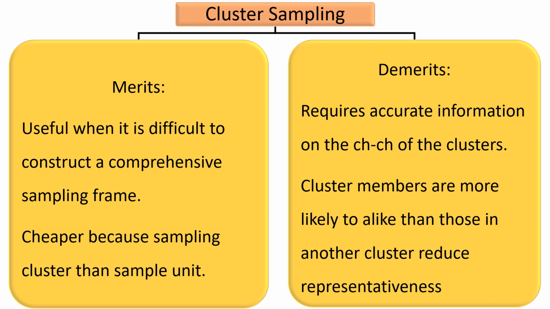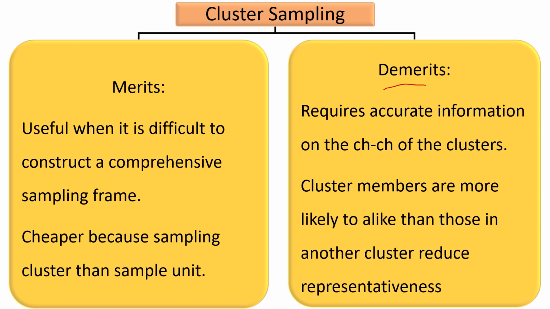On the contrary, there are disadvantages of using cluster sampling, because it requires accurate information on the characteristics of the clusters. To form or develop a cluster, a group, we have to get accurate information on the parameters used to divide the population into clusters. The other disadvantage is that cluster members are more likely to be alike than those in another cluster, which reduces representativeness.